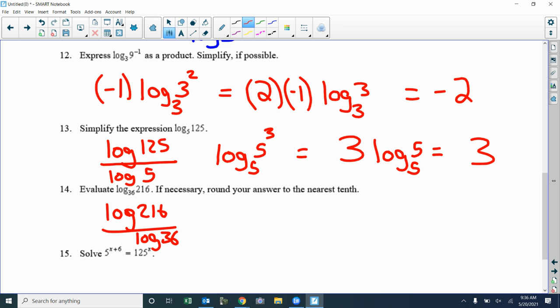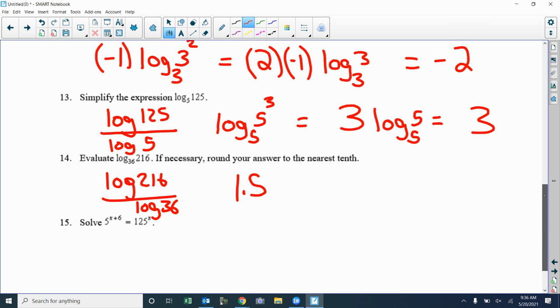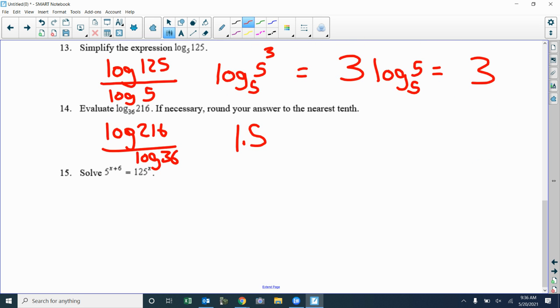Log 216 divided by log 36. 1.5. So there is no rounding there, so it is 1.5. There is a way to do that without putting a calculator, but for the most part, we'll stick with that. I don't want to go too fast. Everybody okay? If I start going too fast, slow me down.